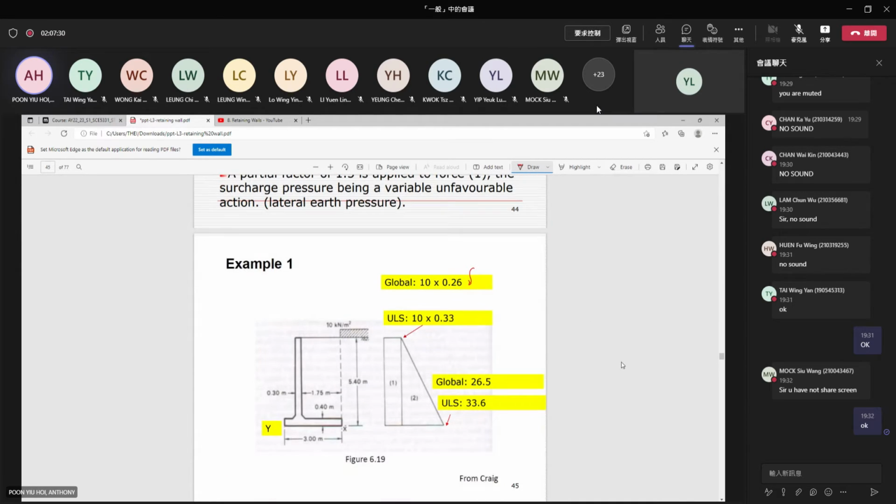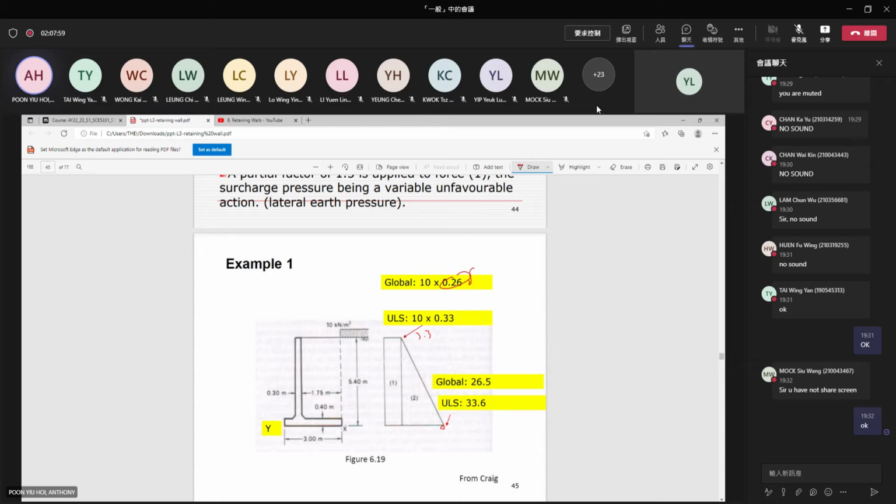Okay, so like before, we use 0.26, so global, but this time we use the 0.33. So this point will become 3.3, and because the Ka has been changed, this pressure diagram has been changed.